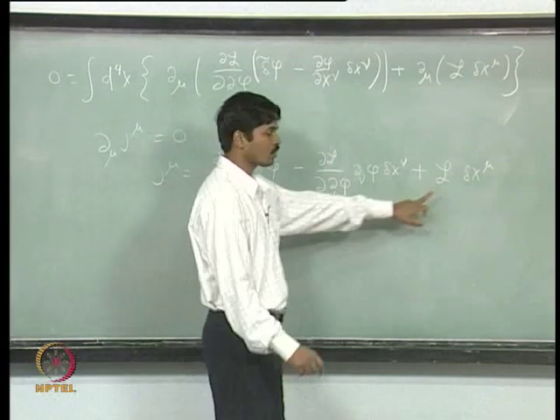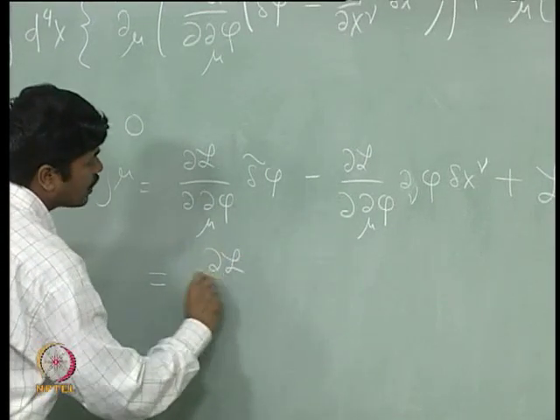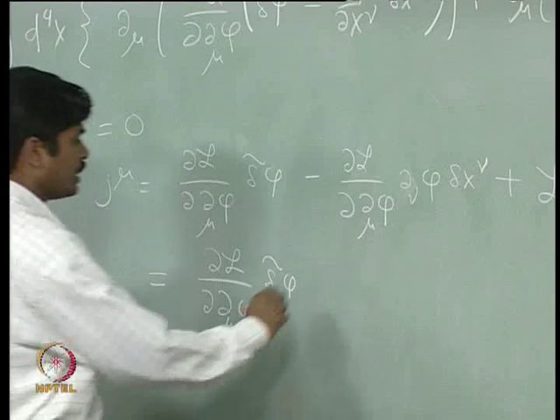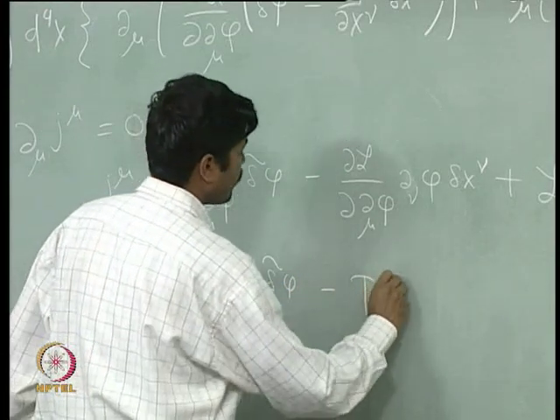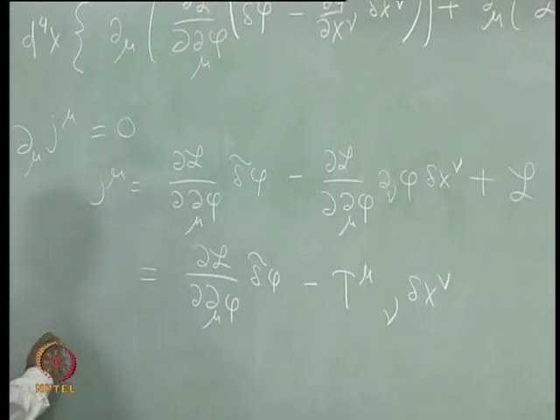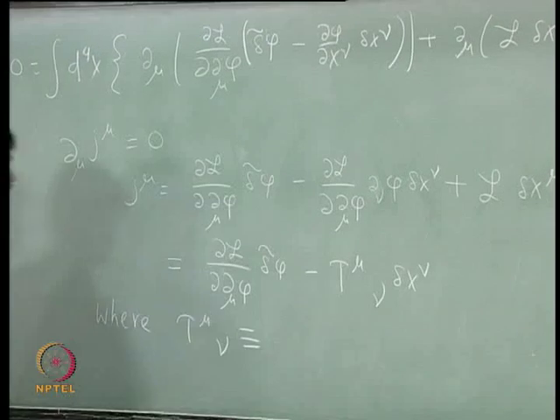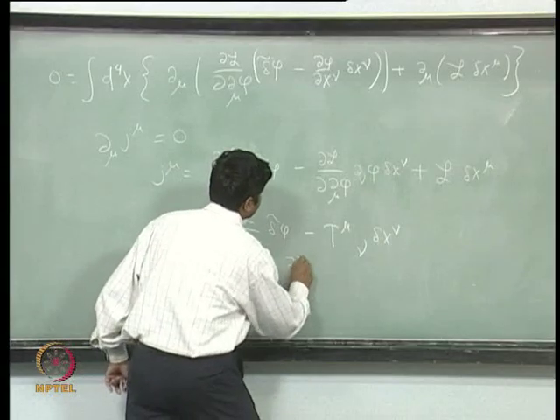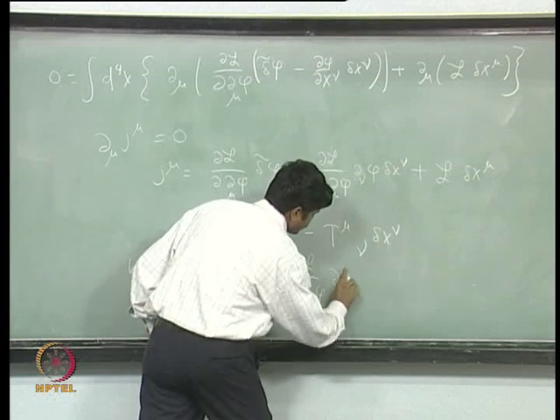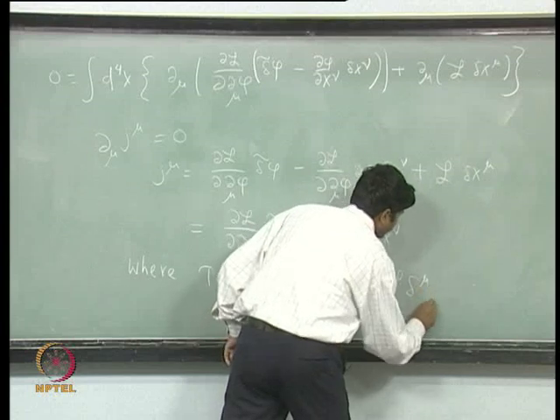We can rewrite this quantity as follows. This can be rewritten as ∂L/∂(∂_μ φ) δ̃φ − T^μ_ν δx^ν, where the quantity T^μ_ν is defined to be ∂L/∂(∂_μ φ) ∂_ν φ − L δ^μ_ν.